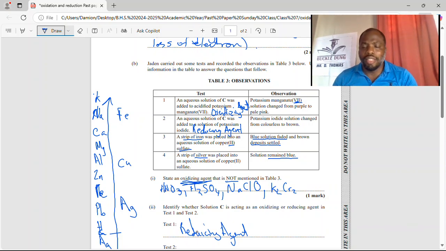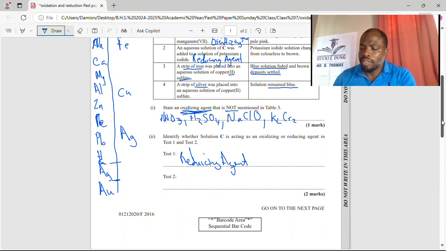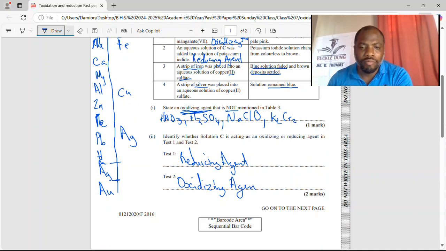What is it acting as in test 2? Oxidizing agent. It is acting as an oxidizing agent because we're seeing the potassium iodide solution changing from colorless to brown. That would mean that the iodide is being displaced from the potassium, causing it to become the atom.